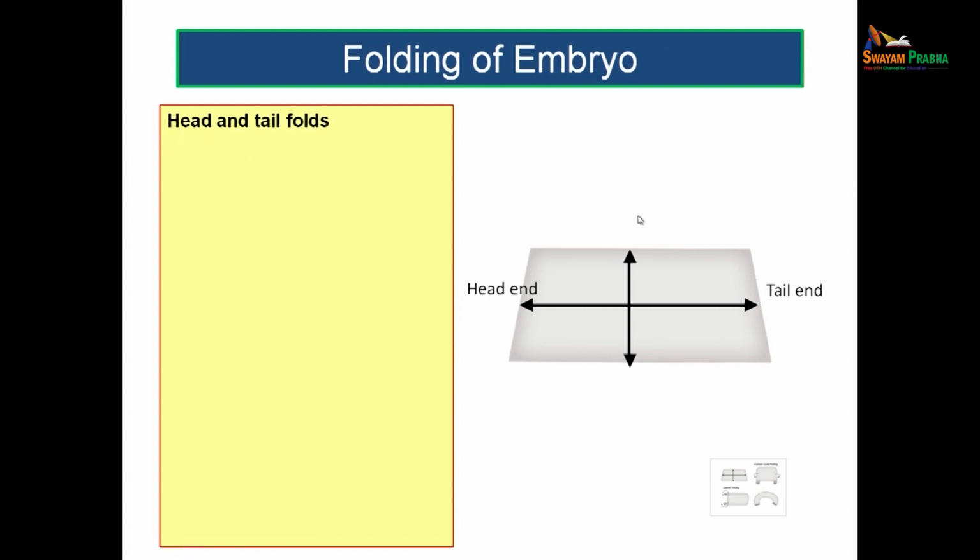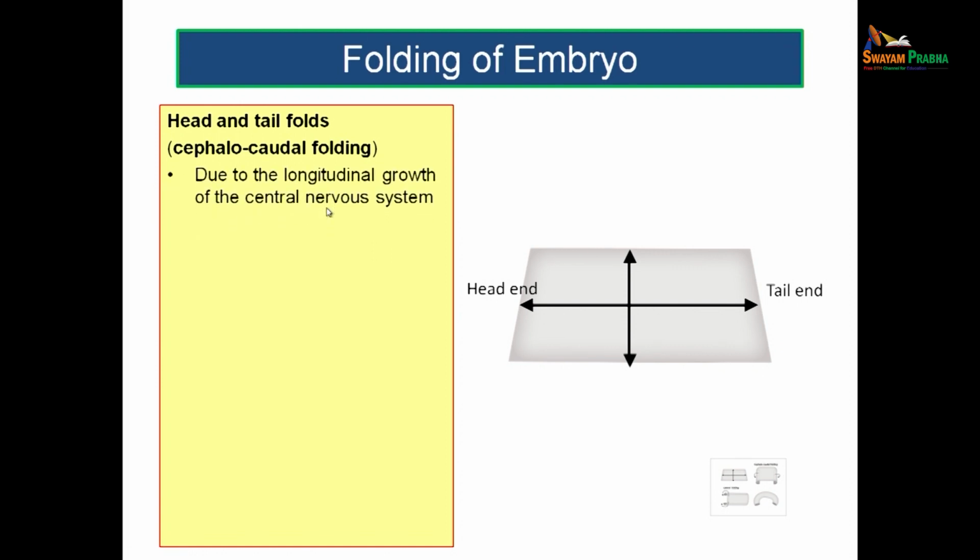So, there are mainly two foldings for the embryo. The head and tail end folds are known as cephalocaudal folding, and this is due to the longitudinal growth of the central nervous system. We just discussed the formation of the neural tube along the length of the developing embryo. So, at two ends these will be folding, and that is giving rise to the cephalocaudal folding.